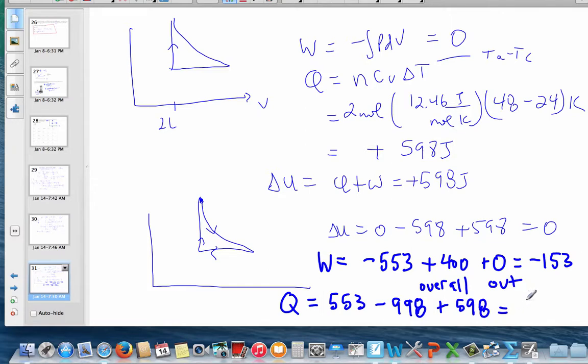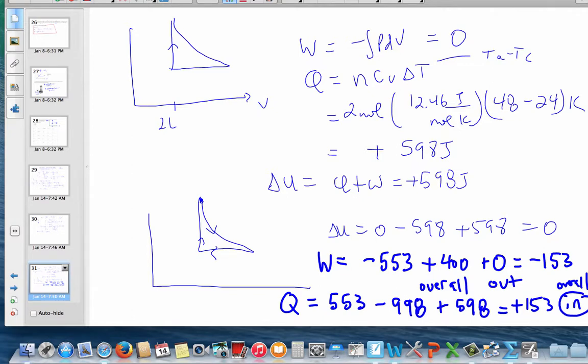Overall, we had 153 joules positive heat flow into the gas. So it's overall in. Now notice that this makes sense, right? Overall in the process, you had 153 joules of thermal energy that flowed into your gas, and then the gas did 153 joules of work. Overall, there's no change in internal energy. But you used heat to do some work. And that's what thermodynamic cycles are all about.